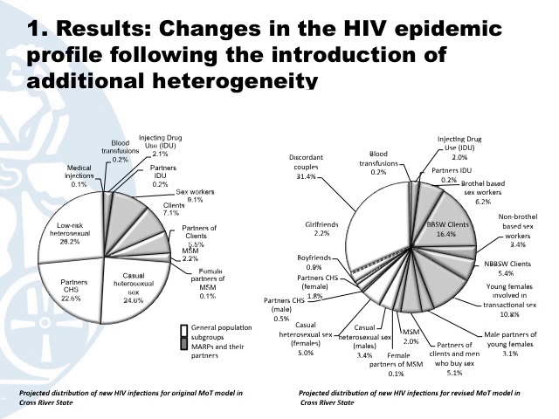The original modelling projections suggest about 26% of all new infections are occurring in our most at-risk populations, and in the revised model, this is closer to 55%.